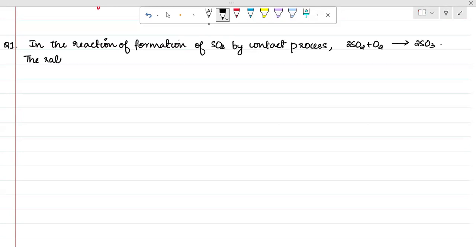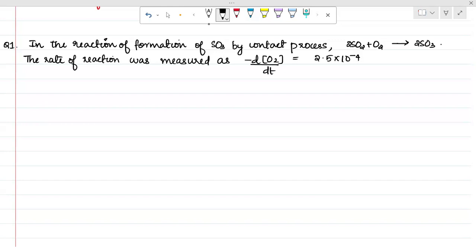The rate of the reaction was measured as minus d[O2] by dt is equal to 2.5 into 10 to the power minus 4 moles per liter per second.